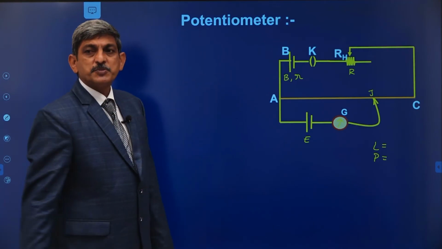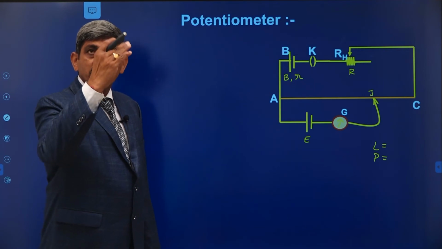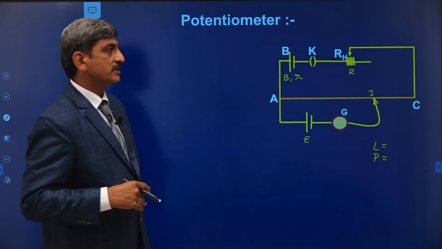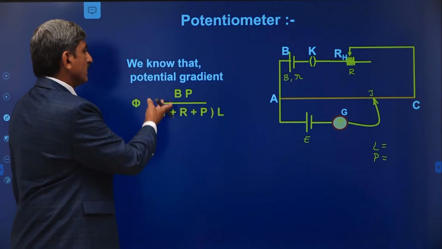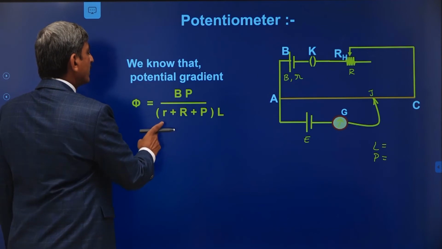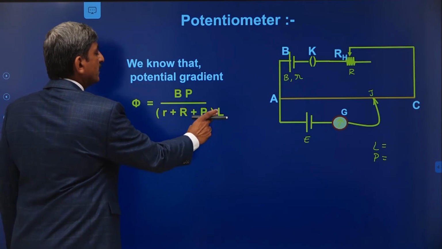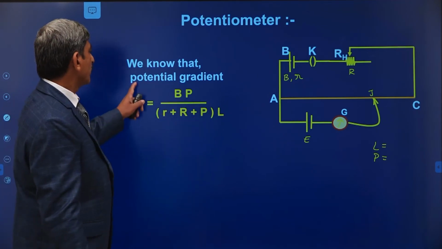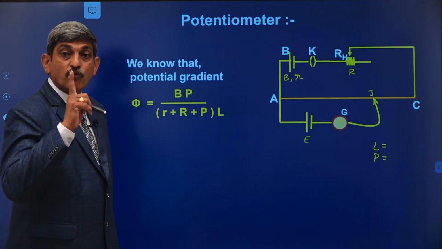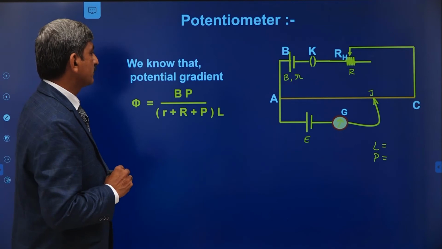So corresponding to this potentiometer, we studied some formulas in the previous sessions. The first one is the potential gradient phi is equal to Bp divided by (R plus P) into L. This potential gradient is nothing but the potential drop across 1 unit length of the potentiometer wire.